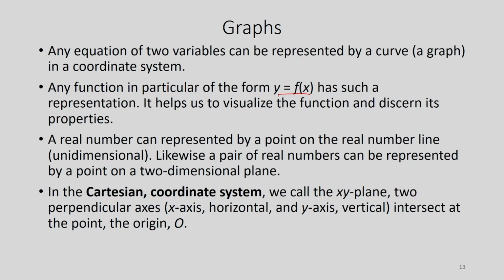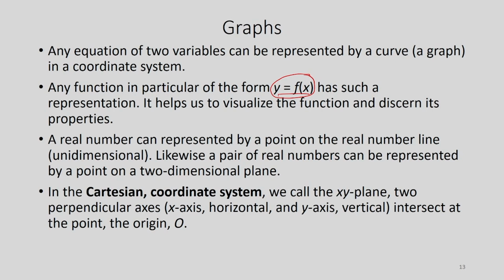Now, that same thing is true for a function also of the form y is equal to f x, right. What is there in y is equal to f x? Two variables, x, and y is dependent on x. So, the difference between an equation and a function is that in an equation it is not given anywhere what is a dependent variable and what is an independent variable, just two variables are there.